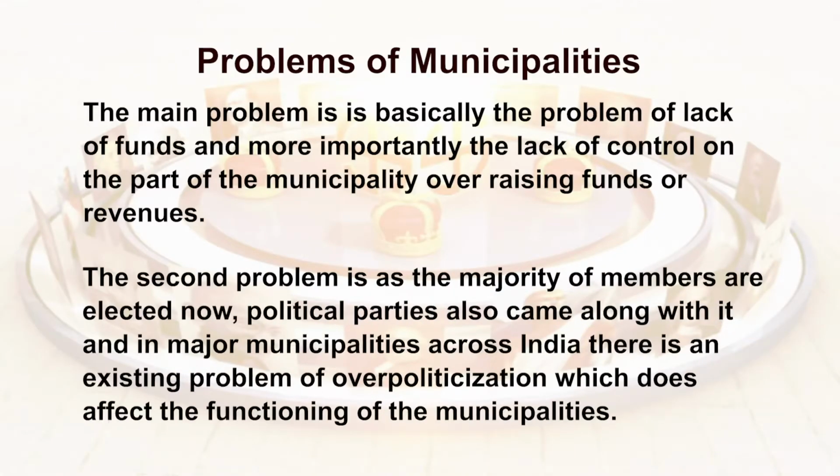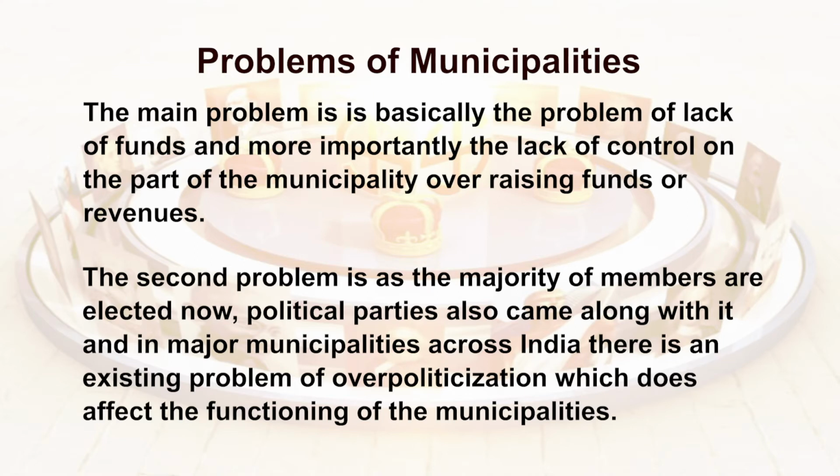The second problem is that after the elective principle came into play, and the majority of members are elected now, political parties also came along with it, and in major municipalities across India there is a danger, and actually an existing problem, of over-politicization, which does affect the functioning of the municipalities.